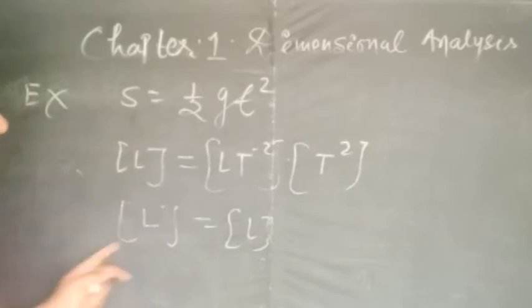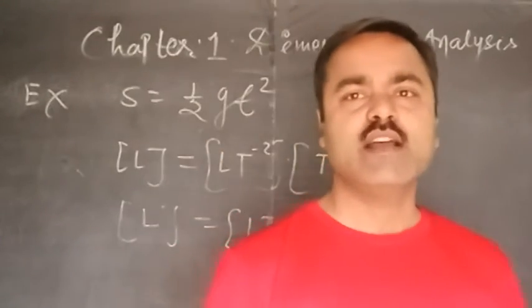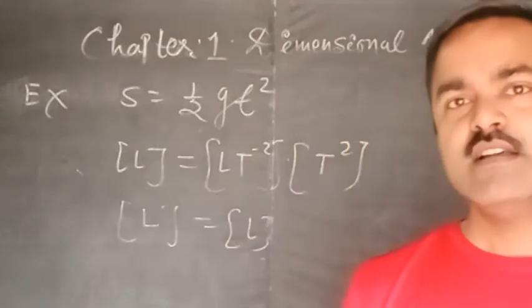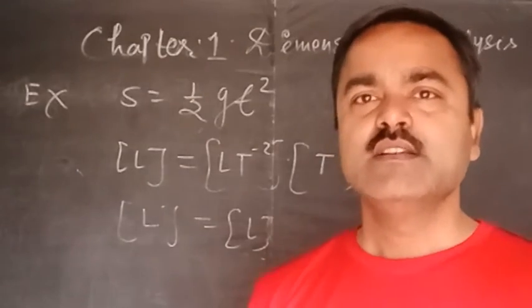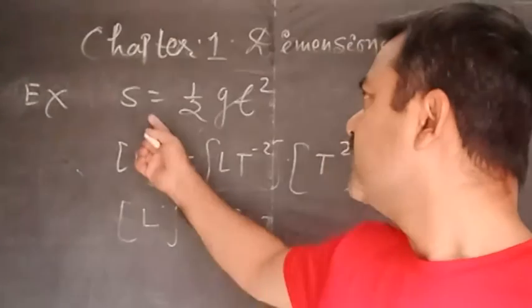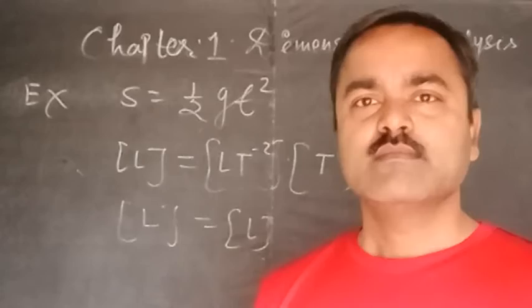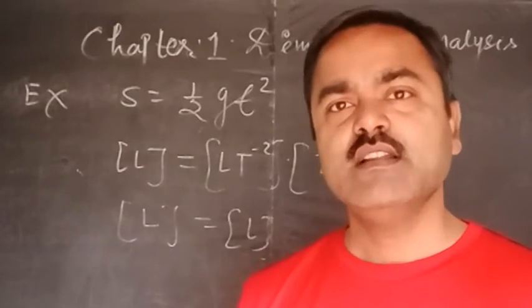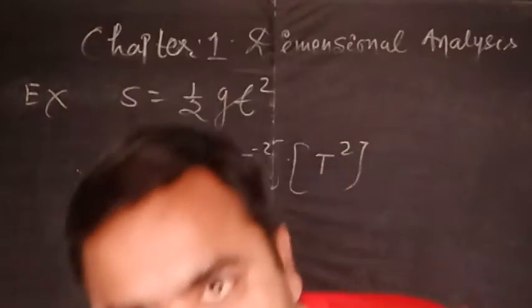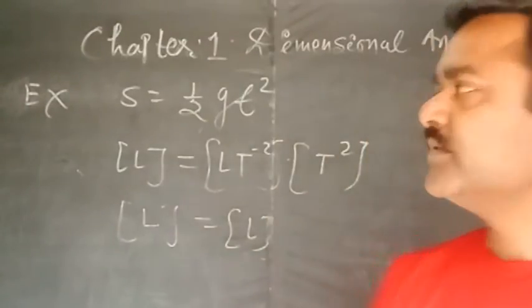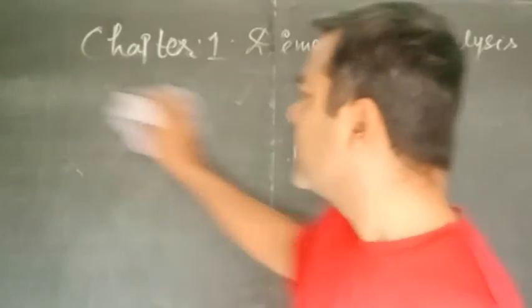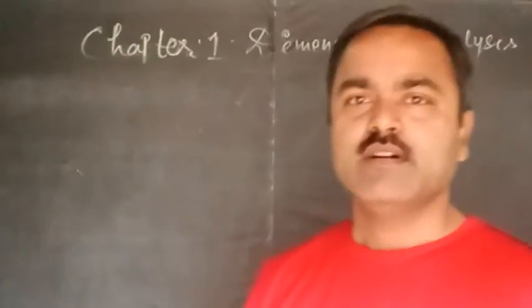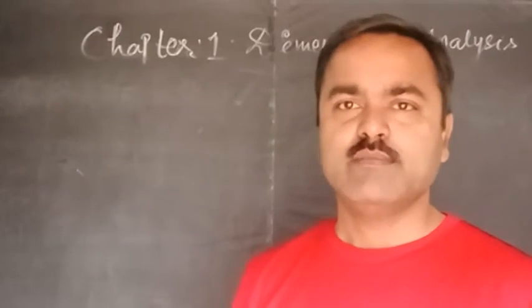Again you can see the left hand side and right hand side are equal, meaning the dimensional formula on both sides is equal. So it is correct, and we have checked it here by using dimensional analysis. Okay, so the next use of the dimensional formula is to find the dimensional formula of some physical quantity from an equation.